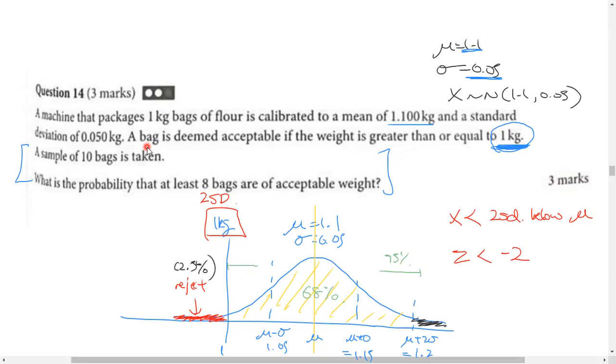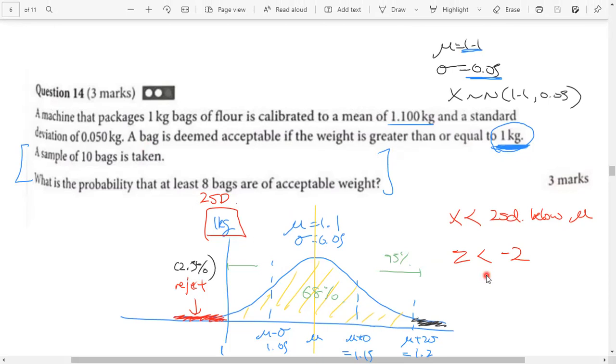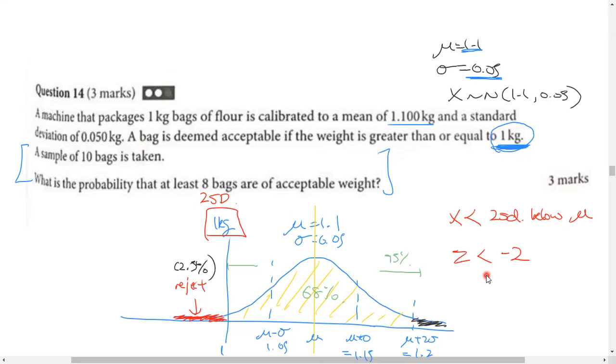So we can do this formally with the z-score, we can show you with the graphs, but we're essentially saying that your probability of acceptance is 97.5%, and your probability of reject is 2.5%. That's what we expect. And let's show you that with a few computer-generated graphs to help.